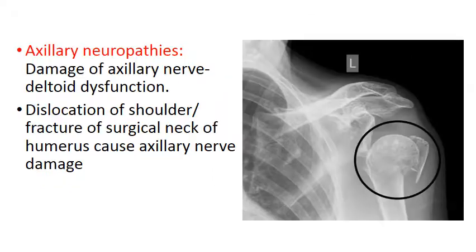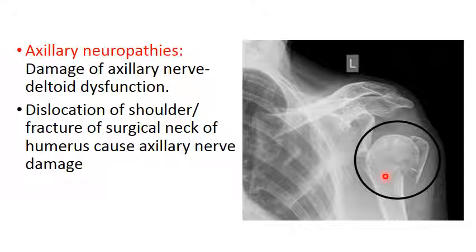The next one is axillary neuropathies. What are axillary neuropathies? Damage of the axillary nerve causes deltoid dysfunction. Dislocation of the shoulder or fracture of the surgical neck of the humerus causes damage of the axillary nerve, causing arrest of the abduction movement.